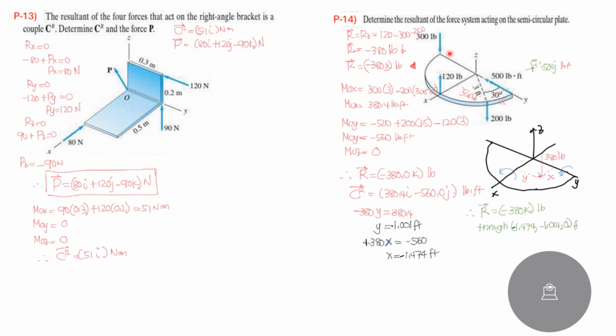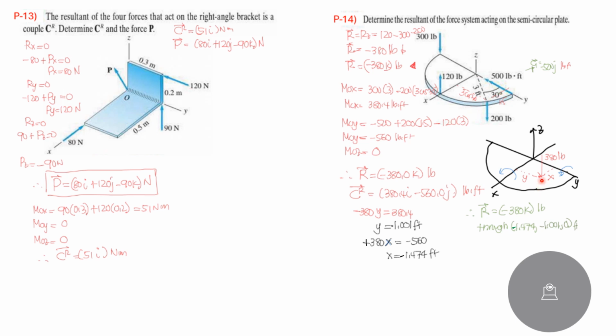So R is equal to Rz and it is equal to 120 minus 300 minus 200. So R is equal to negative 380 pounds downward. In vector form, R is negative 380k pounds. So that's the answer. Then we locate its line of action because these are parallel forces.